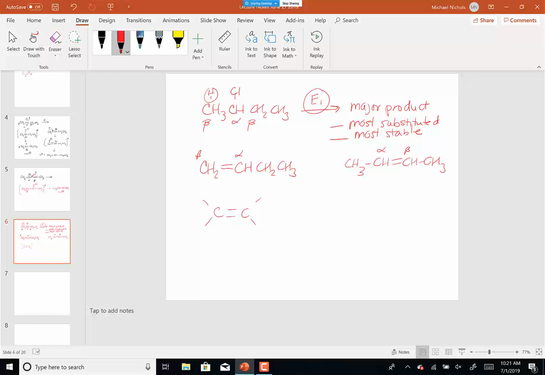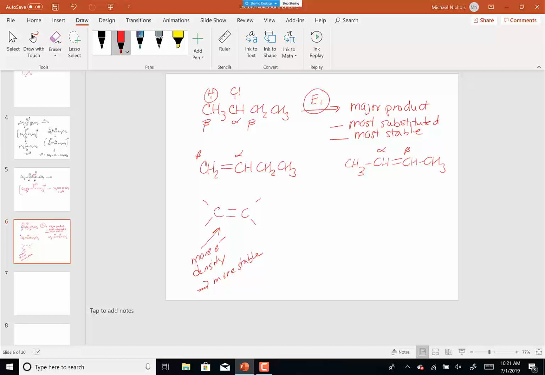Now, a double bond itself is an electron withdrawing group. It likes electron density. So the more electron density you can push into that double bond, the more stable that double bond will be.